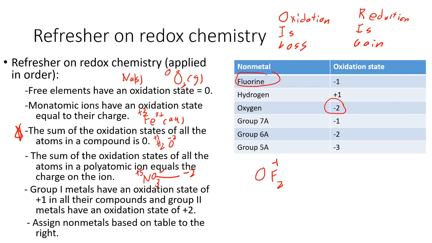When I get to the last remaining atom, I have to go to the rule I started with over here, which is the sum of the oxidation states of all the atoms in a compound is 0. So since fluorine has an oxidation state of -1, this is a -2 overall, so to balance it, this needs to be a +2. So we assign these in order until we get to the last atom. And then we have to assign it based on the compound being 0, or for a polyatomic ion, the oxidation states should add up to the charge of the polyatomic ion.